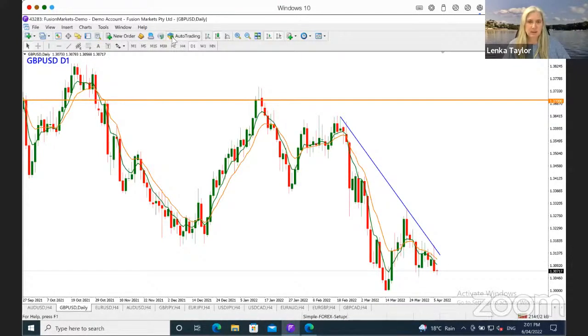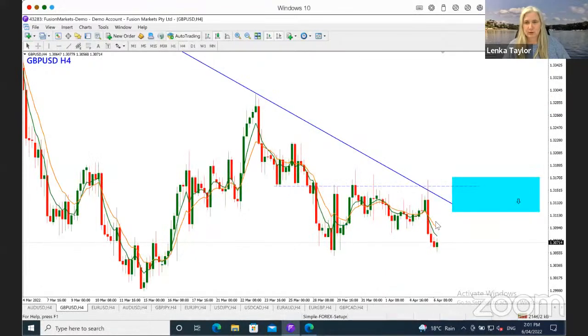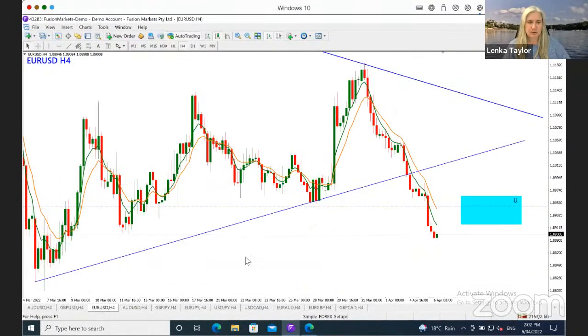But still it's in the downtrend, so still looking for a short. Any pullback up to the trend line or to the top of the range there, and then I would be looking for a reversal, looking to short on GBPUSD.